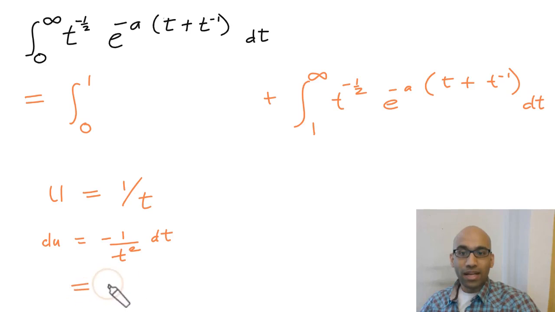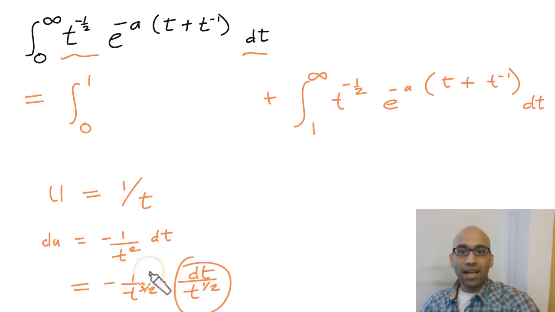Let's break this down as minus 1 times t to the 3 divided by 2 dt times t to the half. So t minus 3 by 2 du is equal to this right hand side, which is dt t to the power minus half.